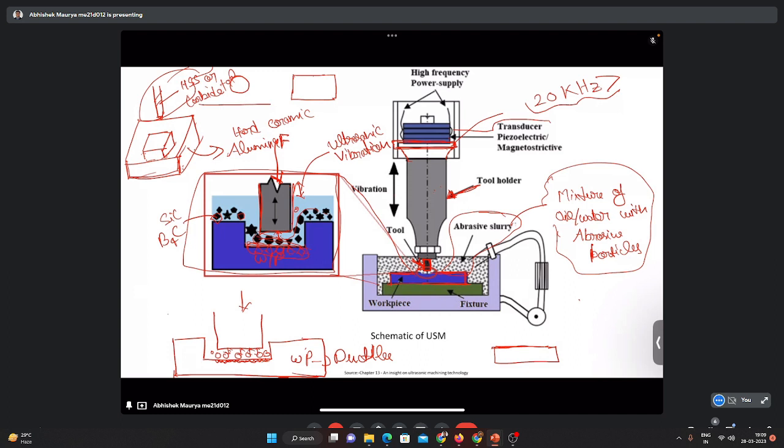Otherwise, if any impact load comes on brittle material, then a small crack will generate and it will lead to the complete failure of the material. Therefore, we are using abrasive particles so that only localized material removal takes place, and gradually we remove the material by small abrasive particles, and in this way there will be no formation of crack and the component will not fail.